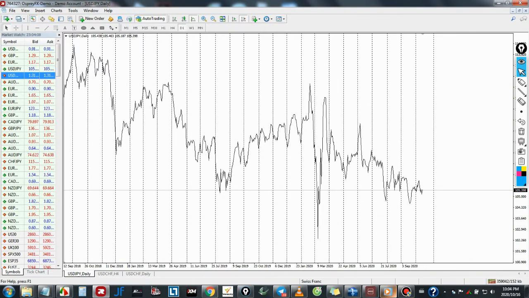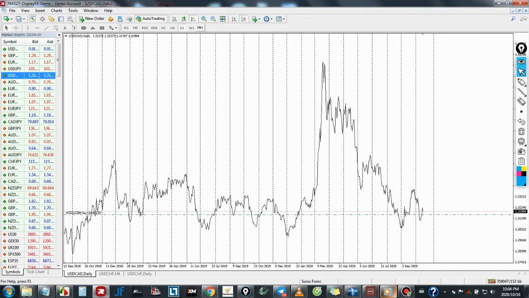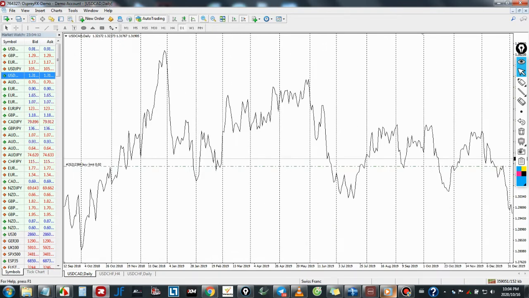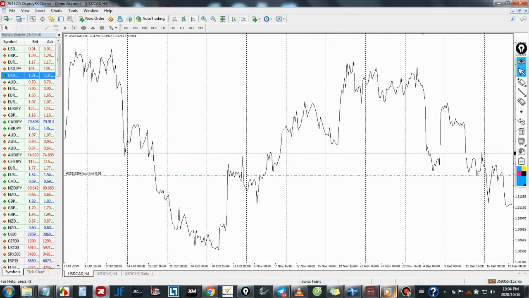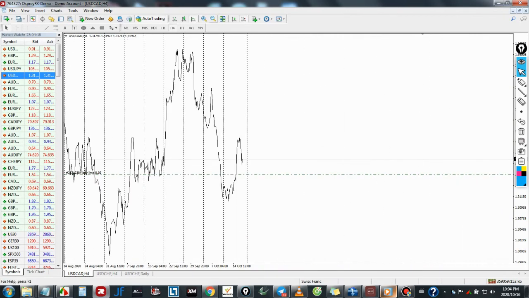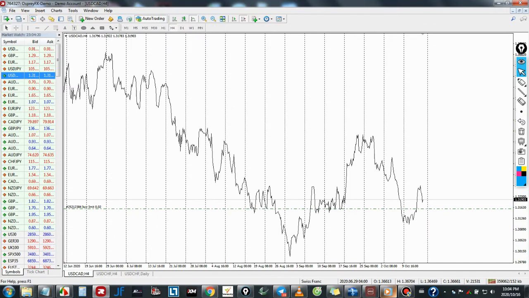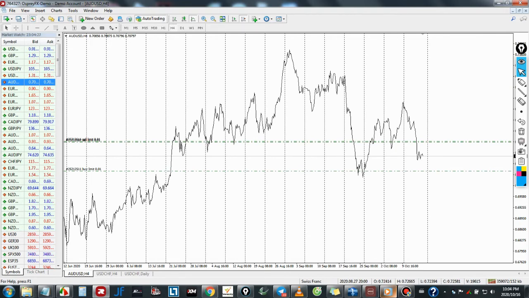I can't find anything. Let's again look at the daily for USD CAD and look at the 4-hour. I found nothing on the daily. So on the 4-hour as well, I see nothing that I can assure everyone that it's a clean range. This one I can find, but it relates to the one I identified.